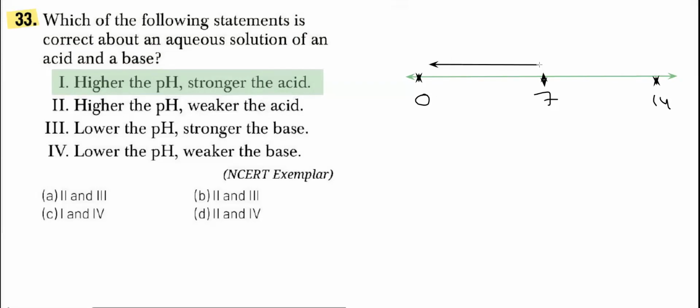As we move towards the left of 7, we reach from 7 to 0. That means we are going from neutral to highly acidic. So this is an incorrect statement.